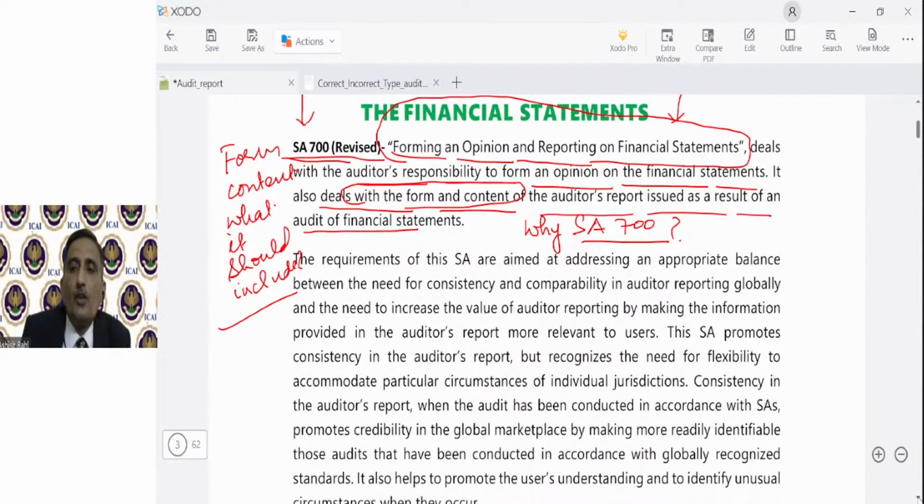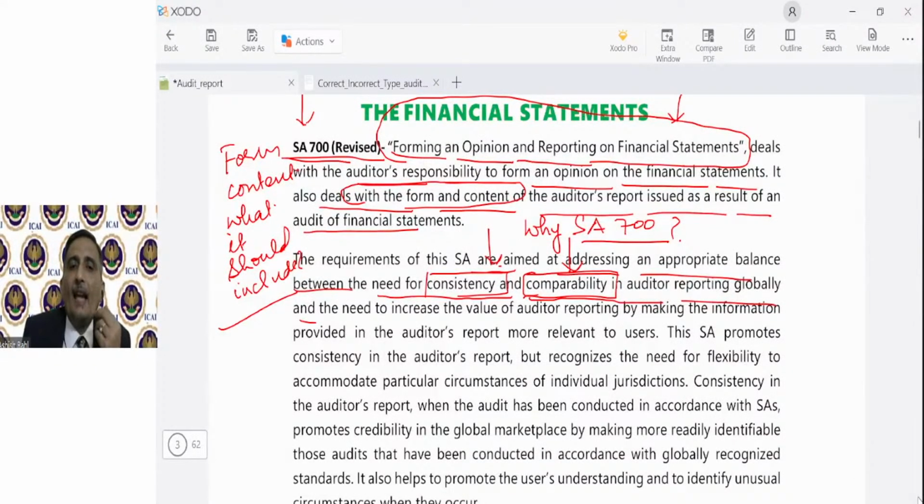Now we shall go through your module. The requirements of this SA are aimed at addressing an appropriate balance between the need for consistency and comparability in auditor reporting globally. Consistent means that different reports issued follow a set pattern; they are consistent and comparable.